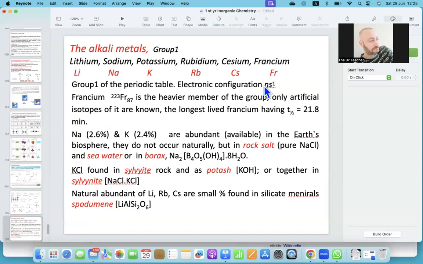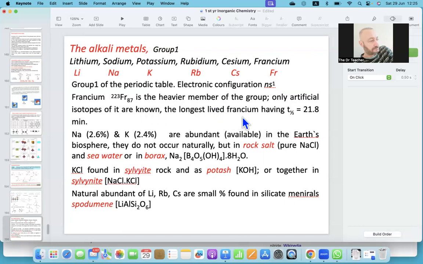That gives the behavior of the atom, and it's very unstable and reactive because of this single electron. Paramagnetic behavior of the heavier member of the group. Only artificial isotopes of it are known.